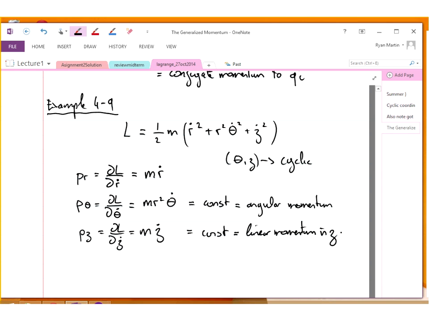So this trivial example highlights 2 things. One is that the choice of coordinates might give different numbers of conserved quantities. If we had chosen Cartesian coordinates to describe our free particle, then we would have found that all 3 of the momenta were conserved, right? Because the Lagrangian for a free particle in Cartesian coordinates is just one half m times x dot squared plus y dot squared plus z dot squared. And so all the coordinates are cyclic, and all the momenta are conserved.